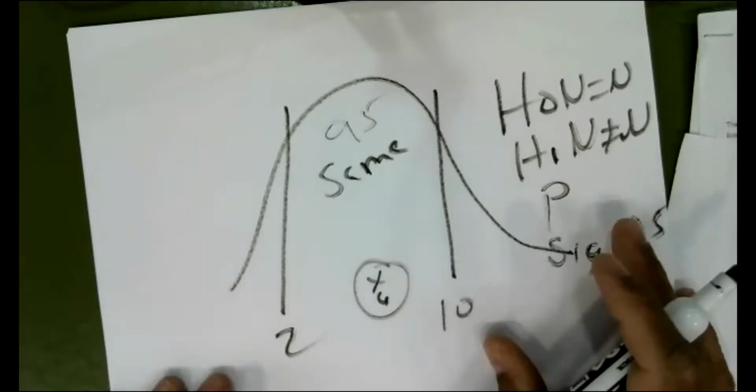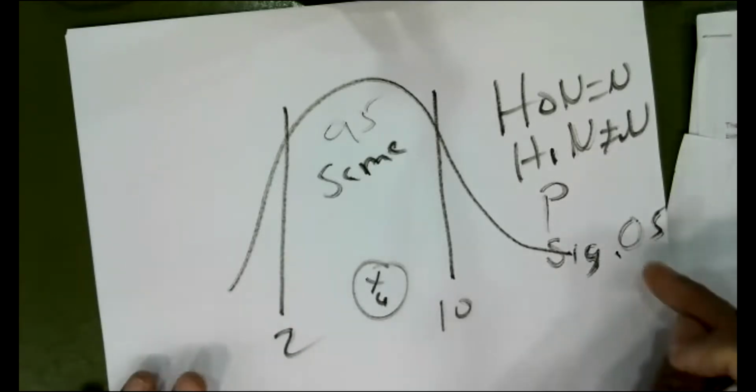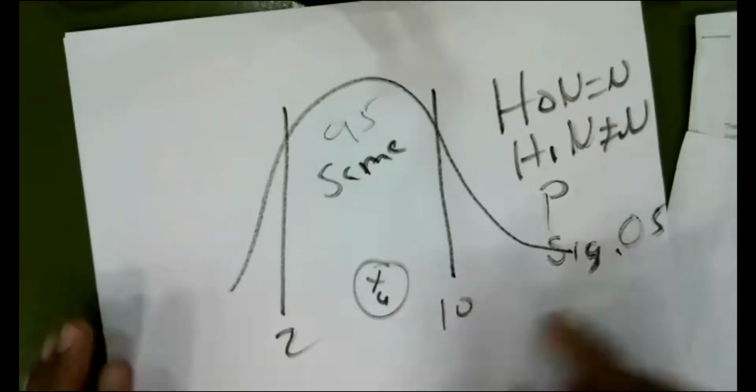But in this case, we're looking at 2.5% up here and 2.5% there, because we don't know if this treatment is going to make them worse or better, so we need to test both. We can give them a treatment and it could actually backfire, and we'd say, okay, we found out how not to treat them. But the amount that would tell us if it's significantly different is 5%.